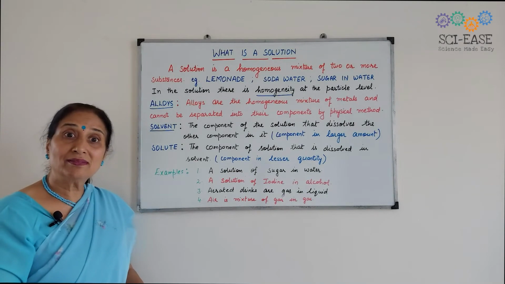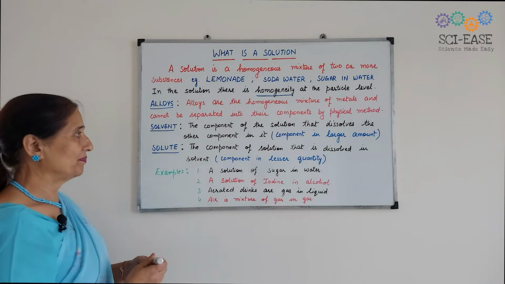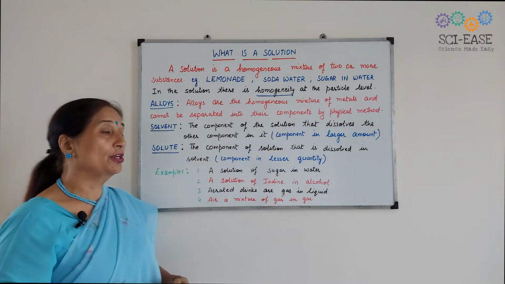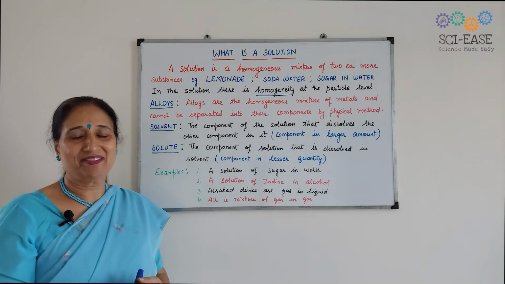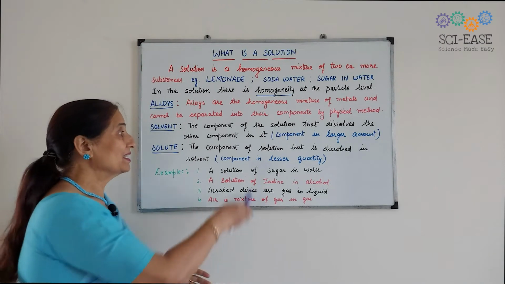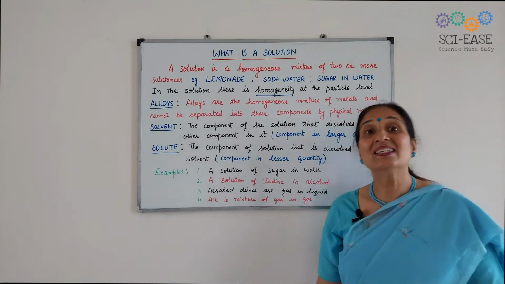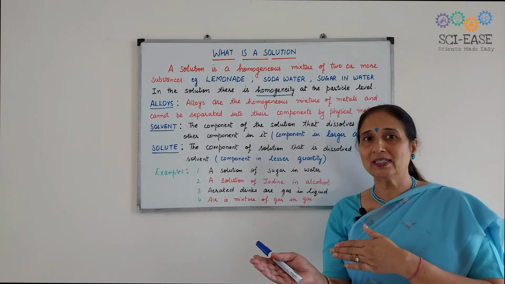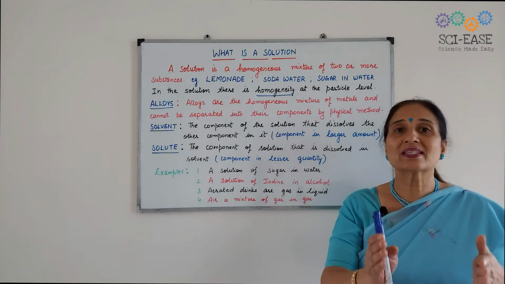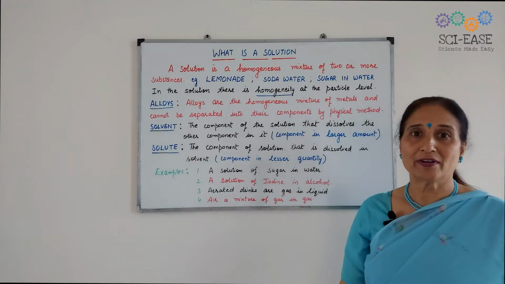Now come to the second term, the solute. The component of the solution that is dissolved in a solvent, the component in lesser quantity. In the case of sugar and water, sugar is the solute and water is the solvent, as I have already told you.